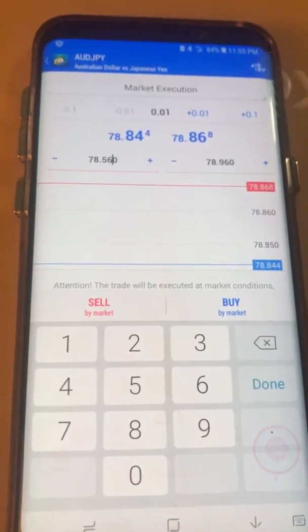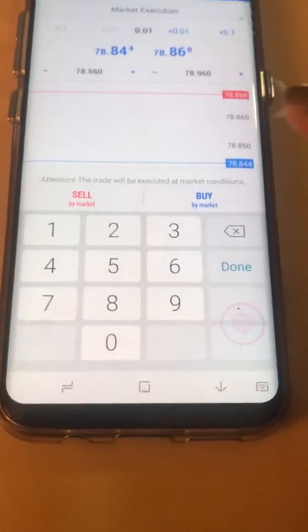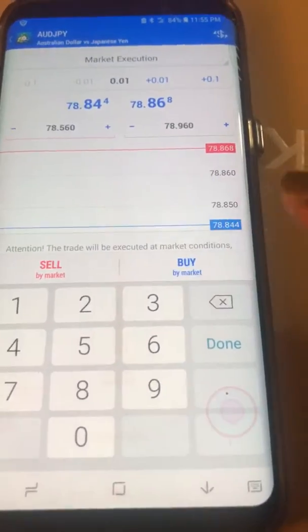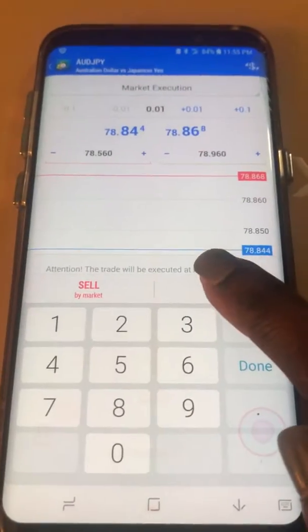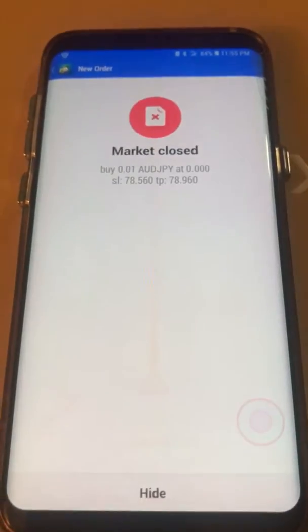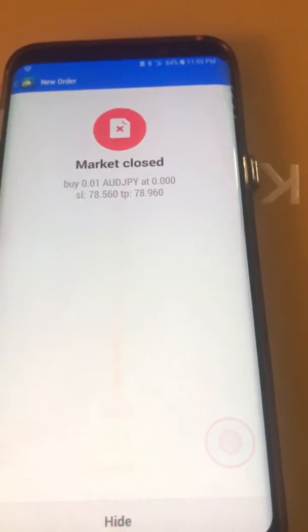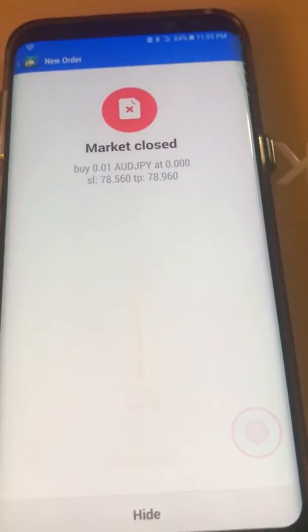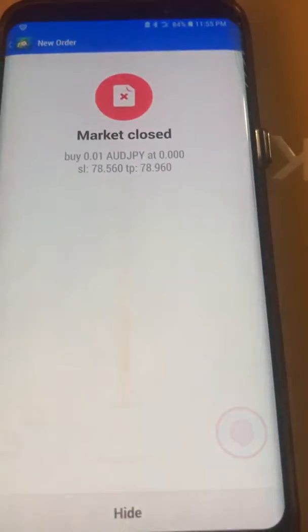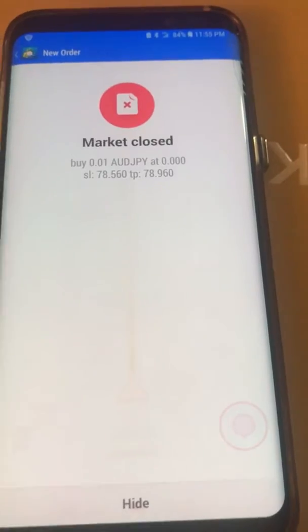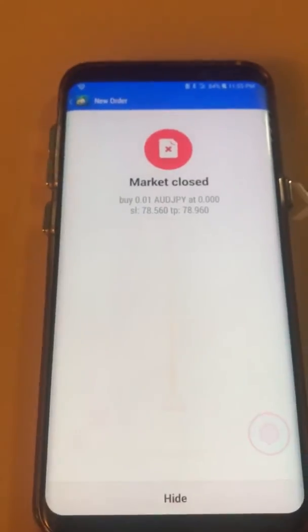So since it's a buy, we are going to come here and tap buy market. You'll see my screen kind of timed out and it said that the market is closed. That's because this is the weekend. If this was a live trading day, the app would have put me in that trade.